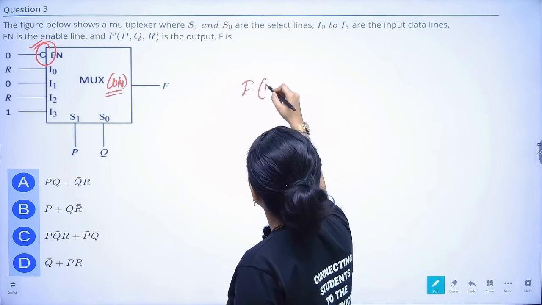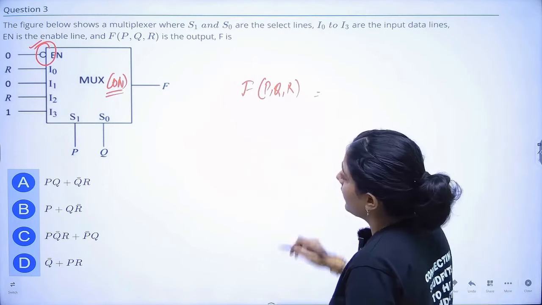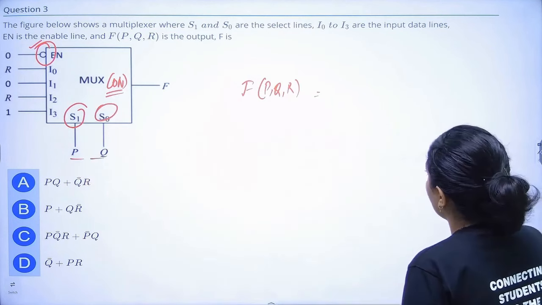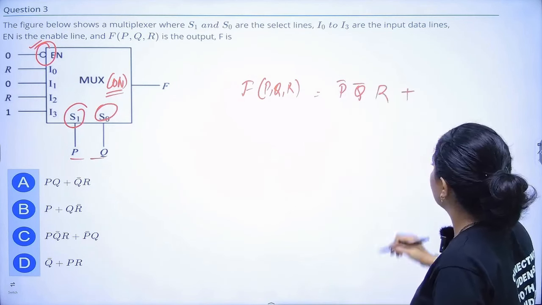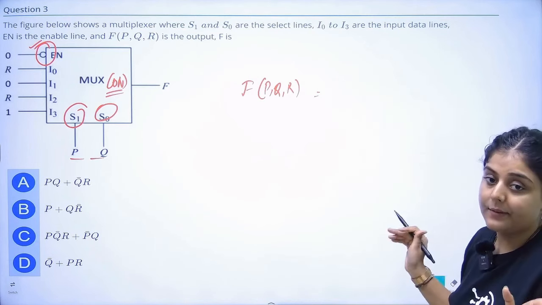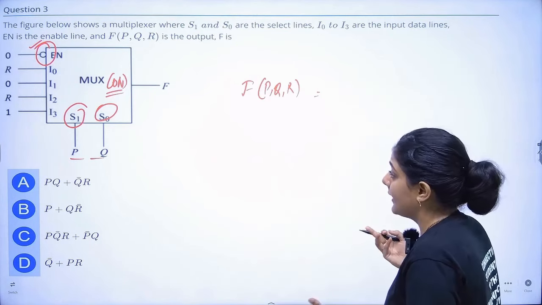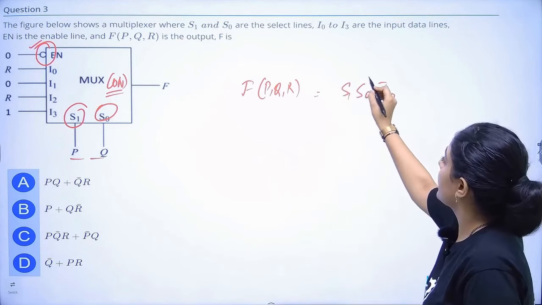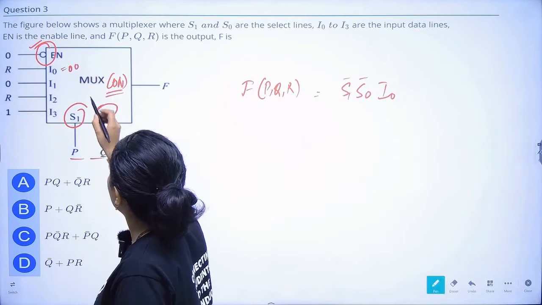Now I'm writing F in terms of P and R, writing it again by expanding it in terms of the inputs and select lines.